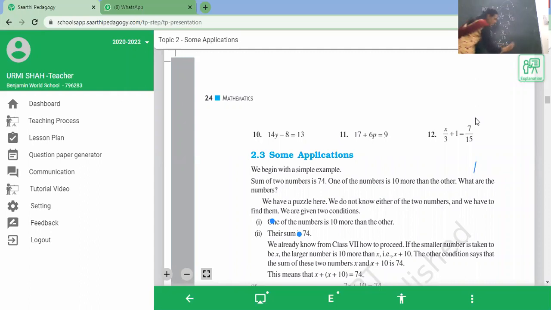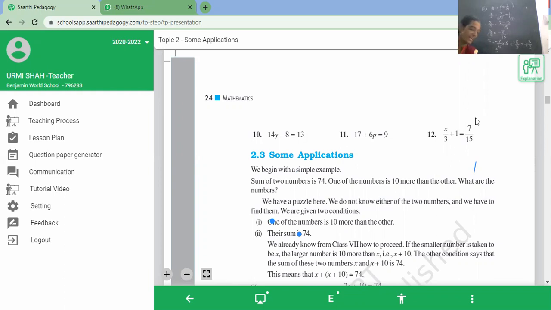Minus 8 upon 5, or you can write it as a mixed fraction: minus 1 3 upon 5.